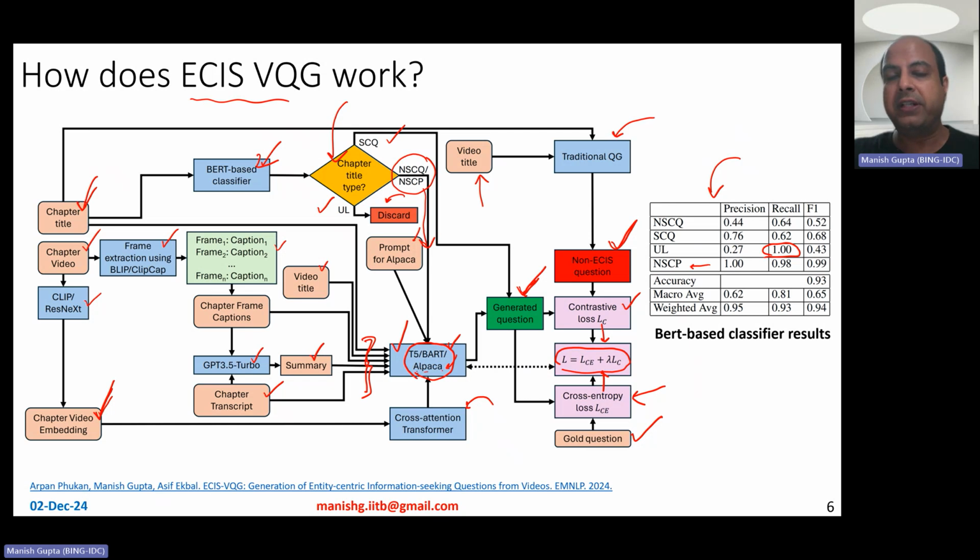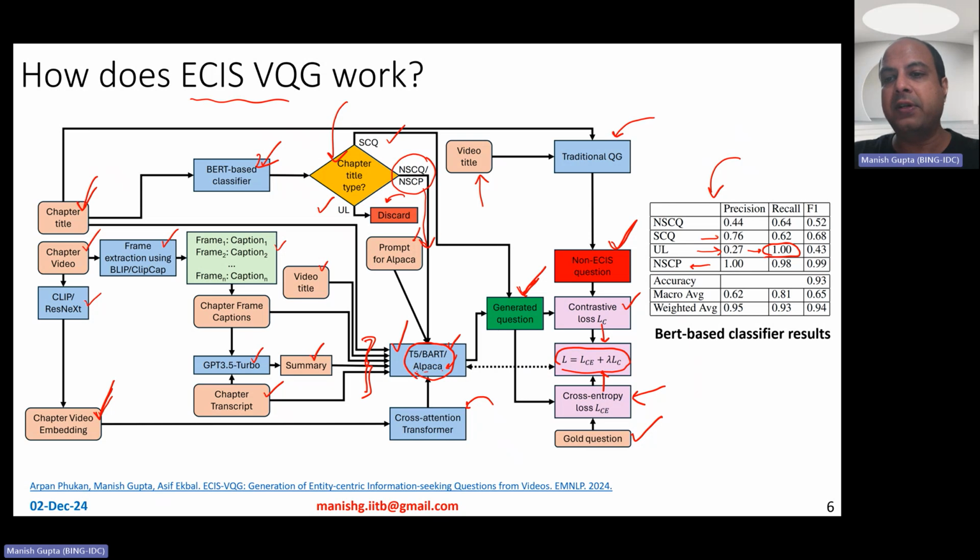So we try to tune the thresholds of this classifier such that for useless questions we have a very high recall, which means that we ignore the useless questions as much as possible, right? Of course, this also means that we end up having a low precision, which means that some of those chapter titles which could have led to reasonable questions are discarded, unfortunately, but that's how it is, right?